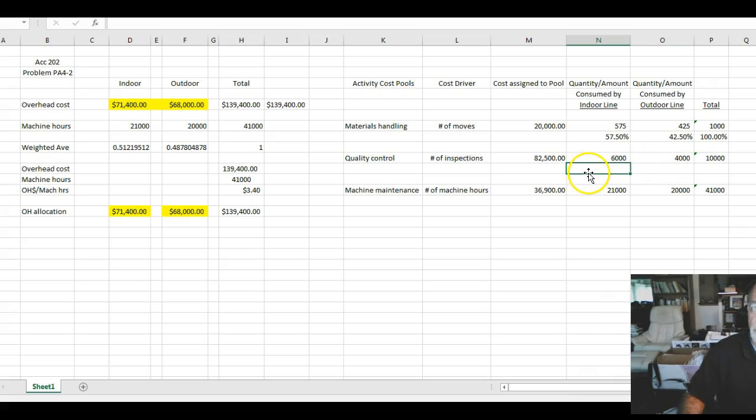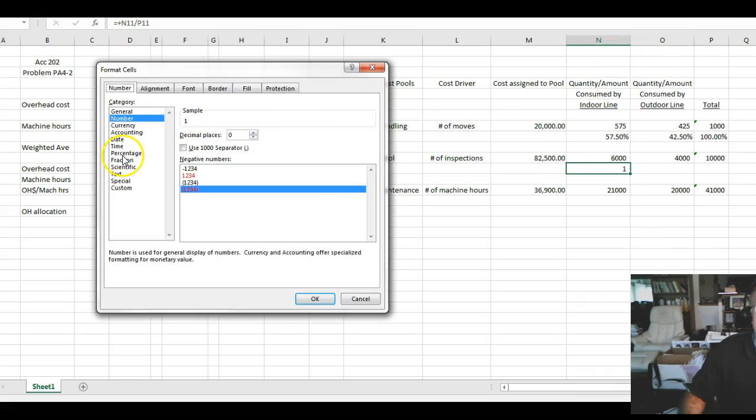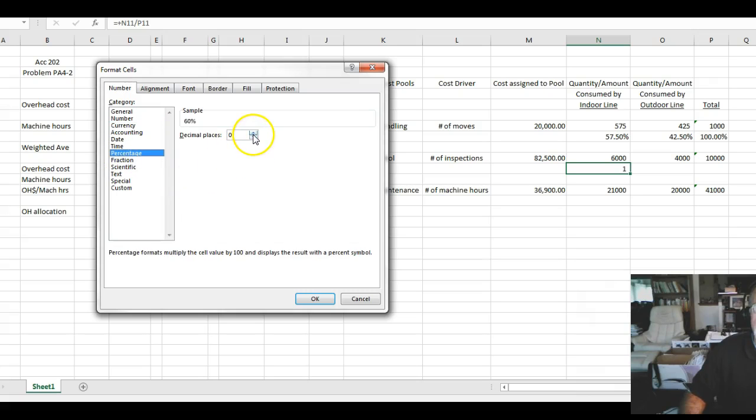Then for quality control inspections, same formula, the total for indoor divided by the total for the 2. And again, we need to format that so it gives us the percentage using 2 places.